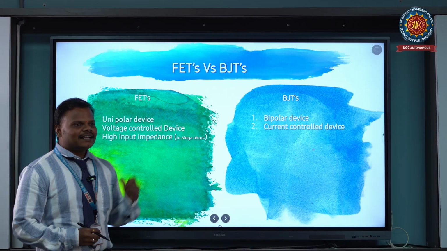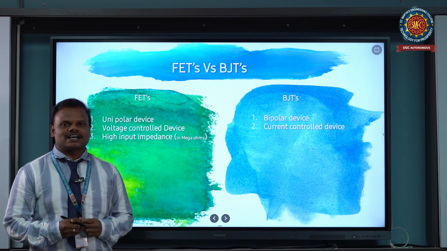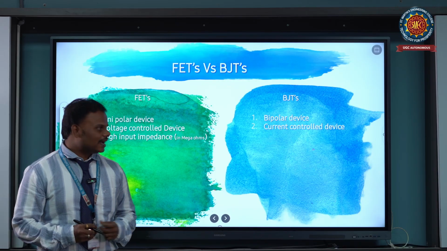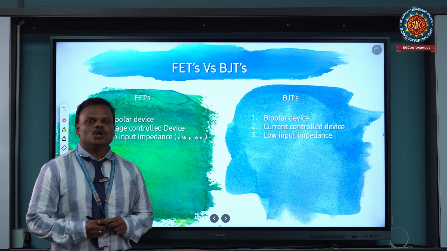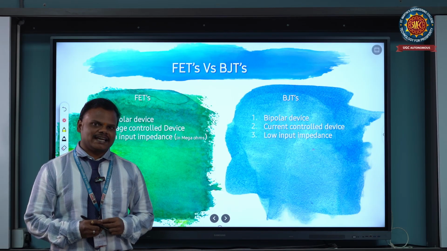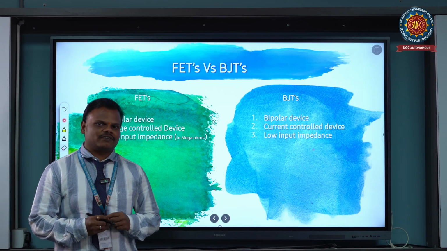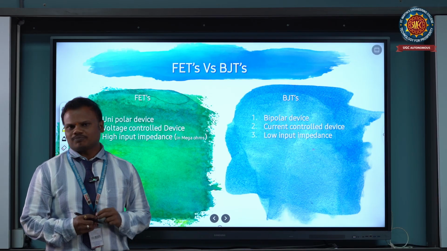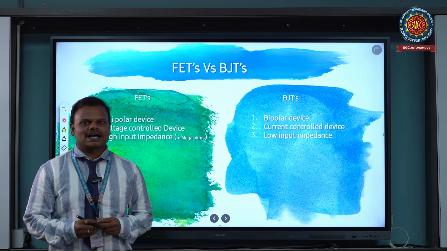Next, FETs have high input impedance and BJTs have low input impedance. Whenever we design an amplifier circuit, it should have high input impedance, which will give high gain.